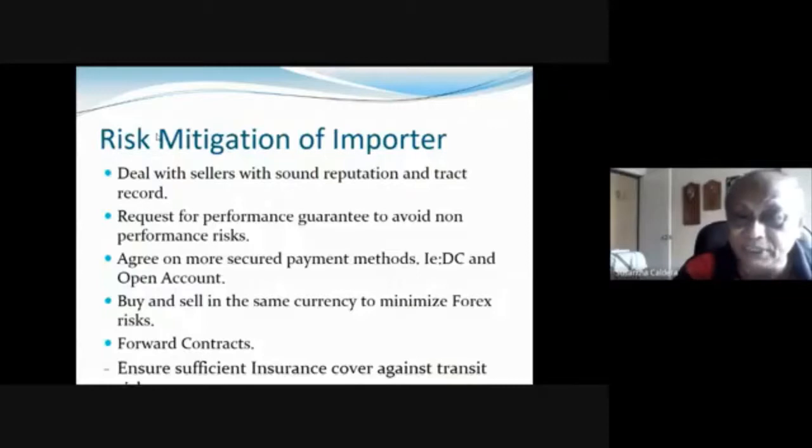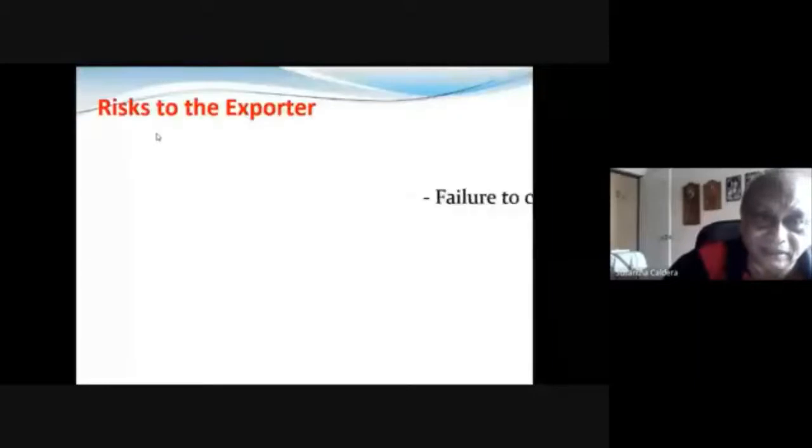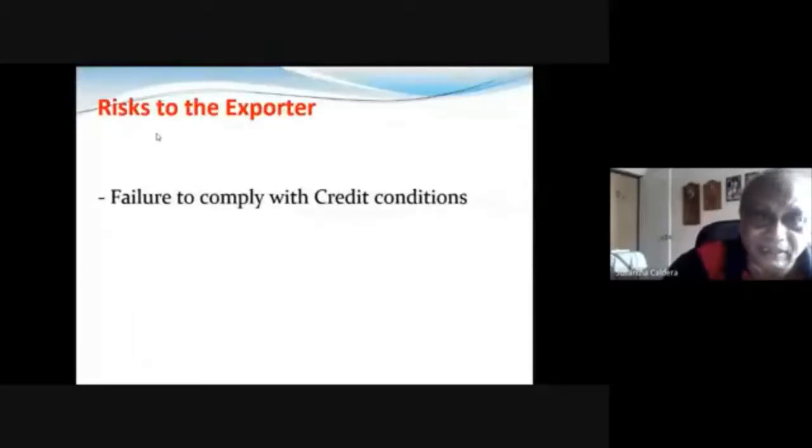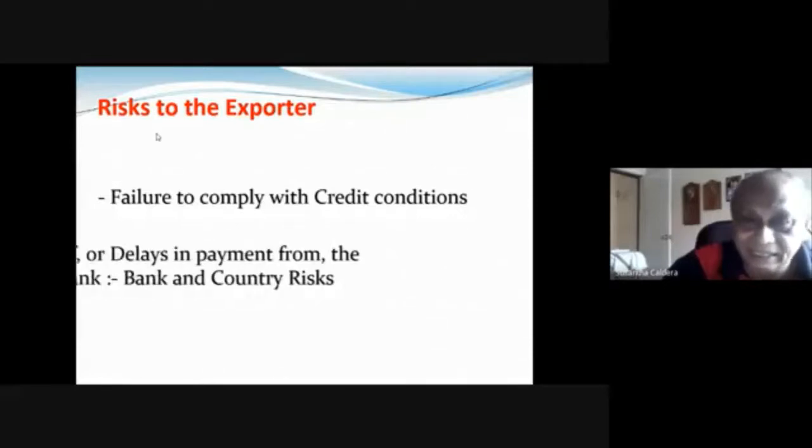Ensure sufficient insurance cover against transit risk. Right? Risk to the exporter. Failure to comply with credit conditions. If the LC conditions cannot be complied with, that is also a risk.